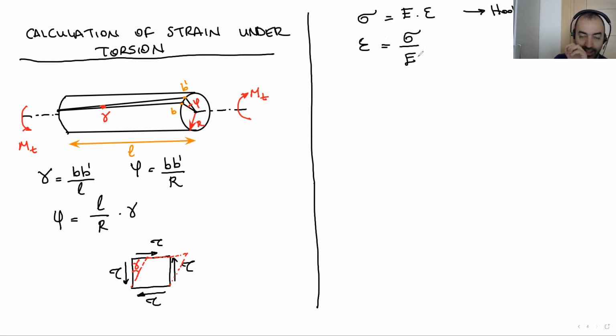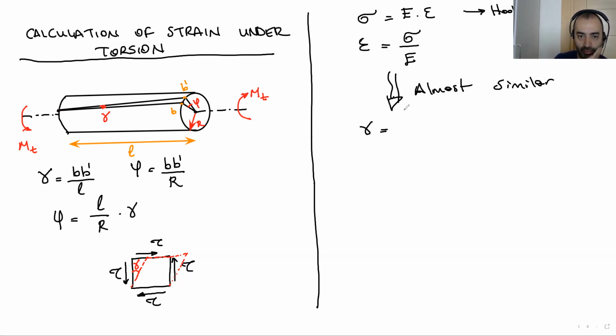This is similar for the shear stress, almost similar.